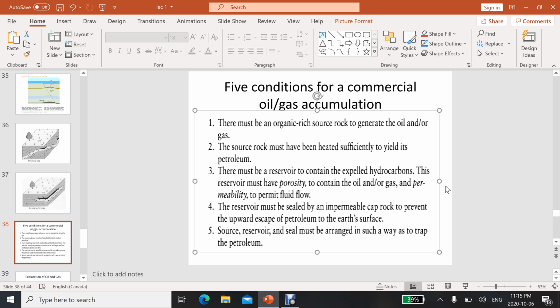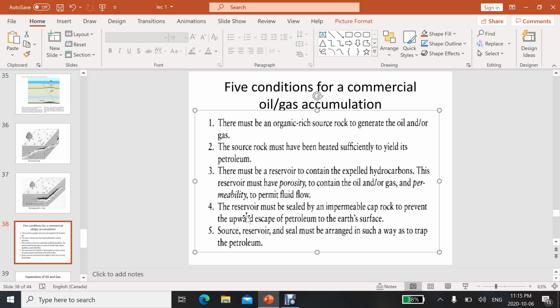This reservoir must have porosity to contain the oil and permeability to permit fluid flow. So again, this third point is emphasizing the importance of porosity and permeability in reservoir rock.